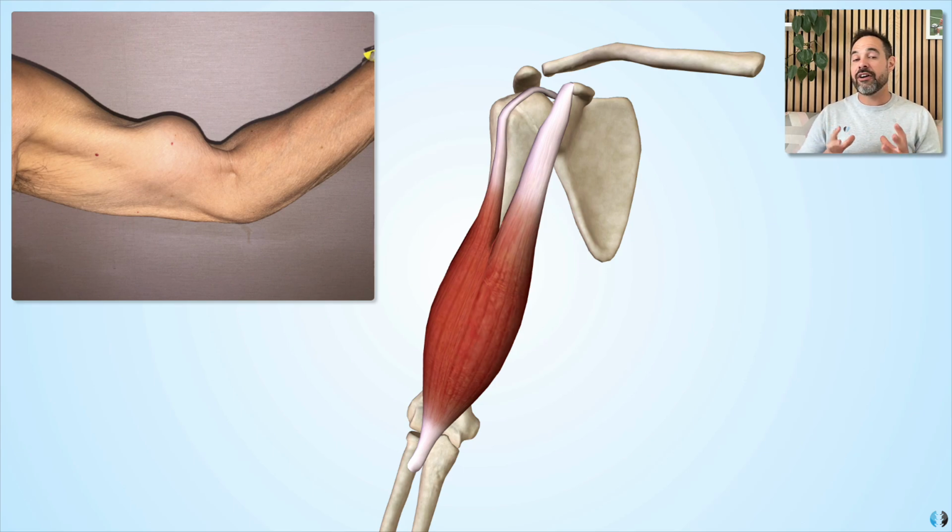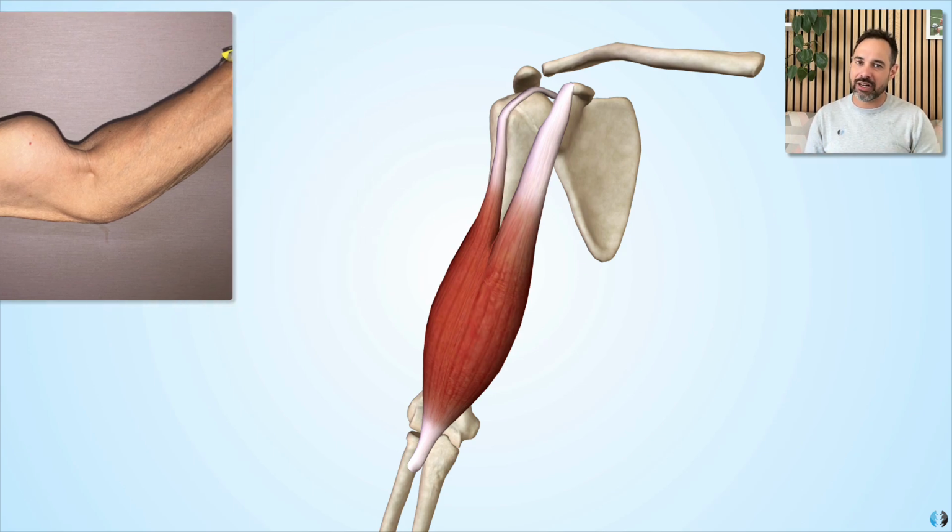So do look out for this in a patient who's had a trauma. It's more consistently to occur in the older adult who has had a significant trauma. So look for that Popeye sign and a potential weakness in shoulder flexion and elbow flexion as a result.